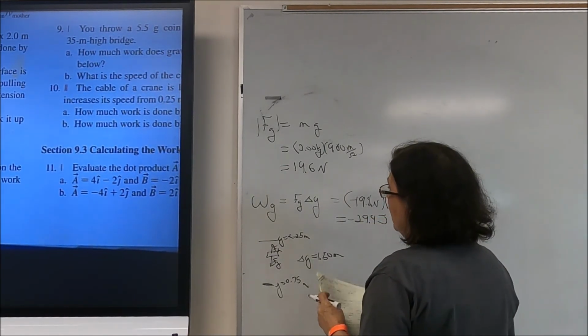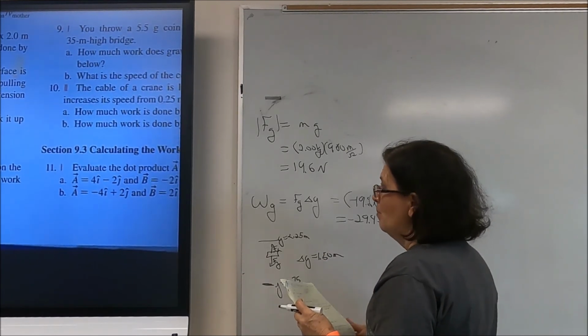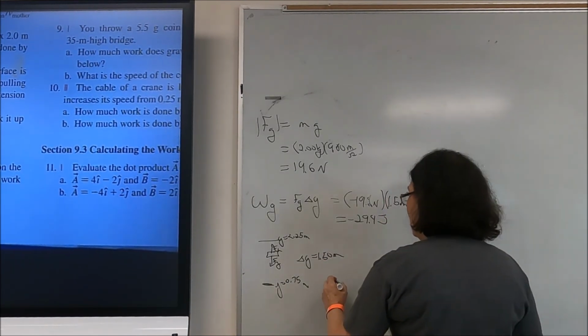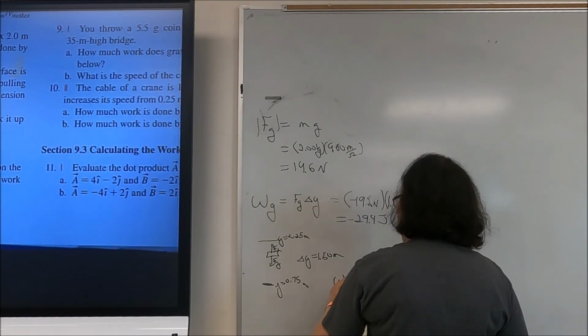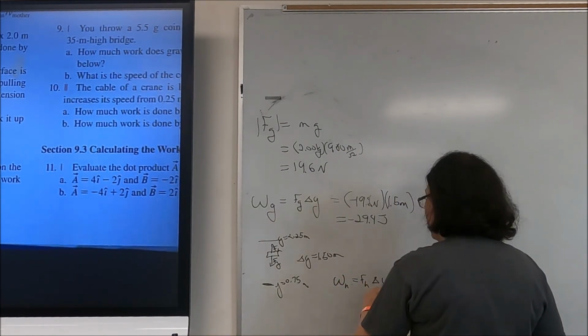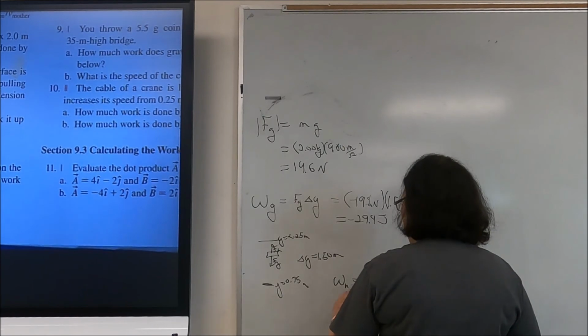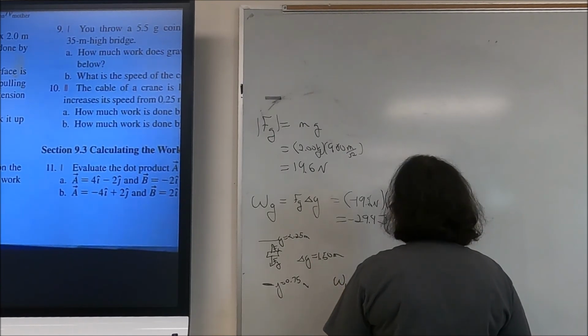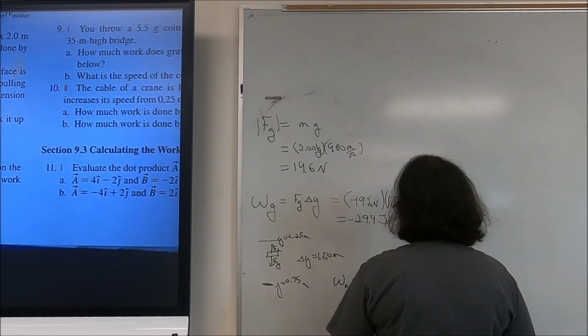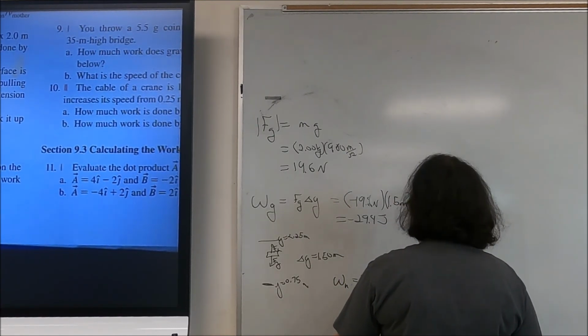Okay? Now, if I'm lifting that book up at a steady pace, the work done by the hand would equal the force from the hand times delta y. And the force from the hand is going to be identical to the force due to gravity, just pointing in the opposite direction. So it's plus 19.6 newtons.